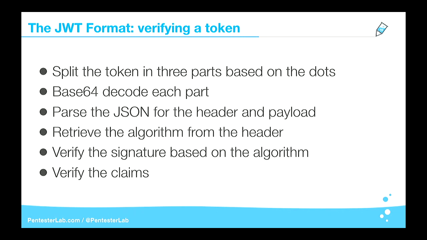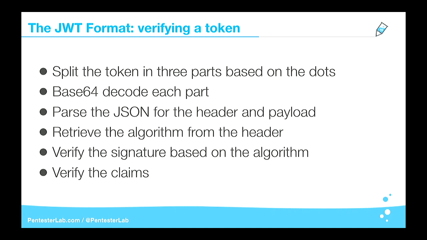How do you verify a token? That's where it gets interesting when you want to attack a JWT implementation, because that's where you want to find bugs. The verifier will take the token and split it into 3 parts based on the dots. It's going to base64 decode each part, or depending on the implementation, just the header.